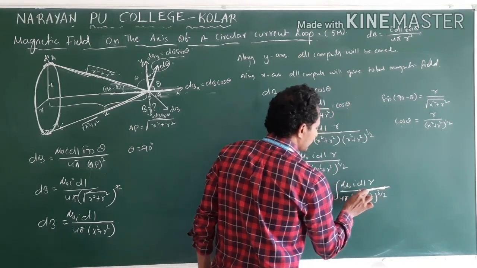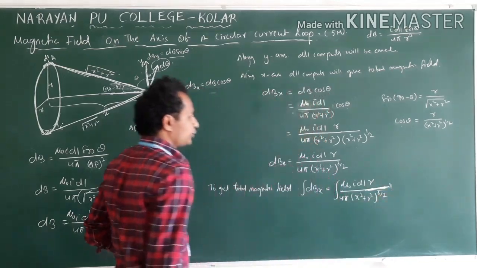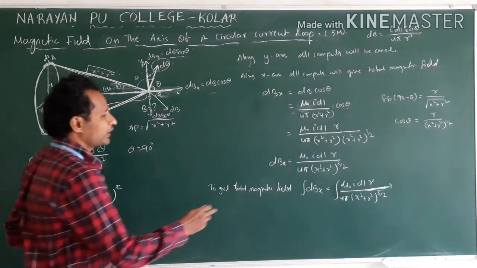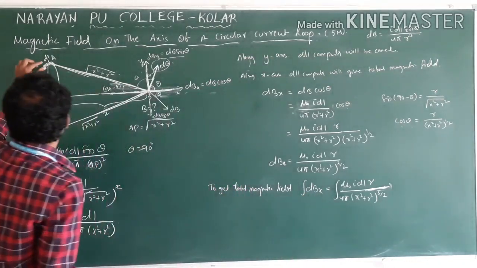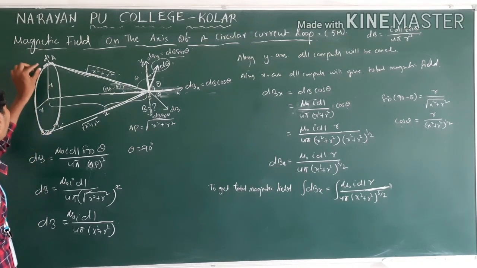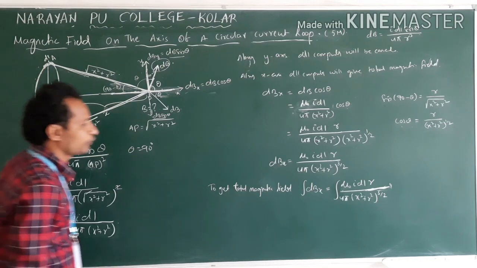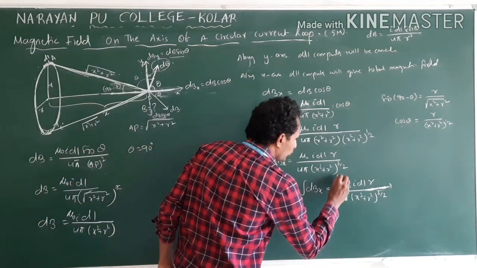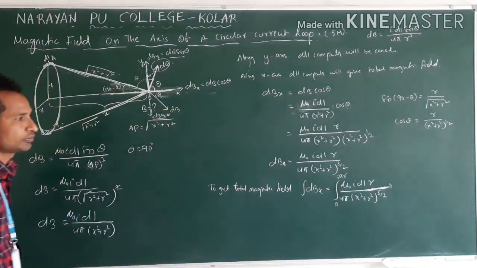Now the limits. So now we need to write the limits. This dBx is the value of a small element. We made small elements, so we need to add them. This small element varies from 0 to 2 pi r.